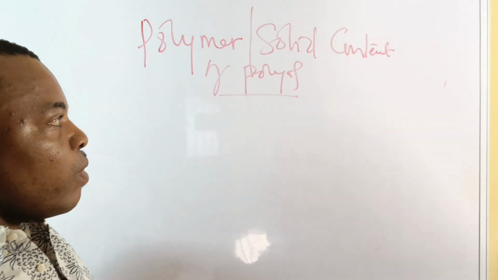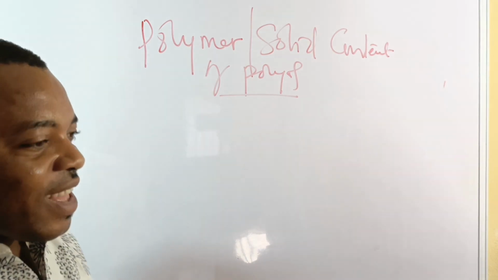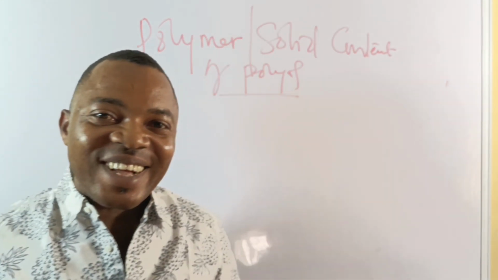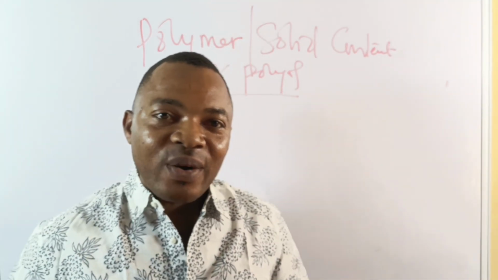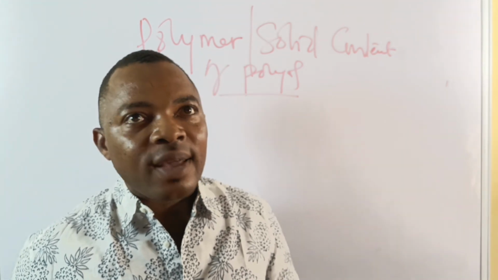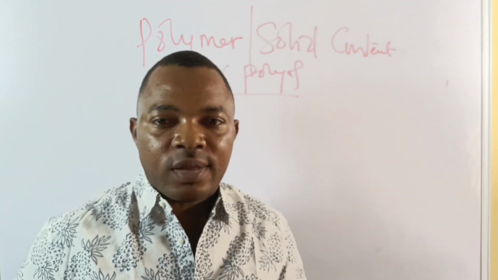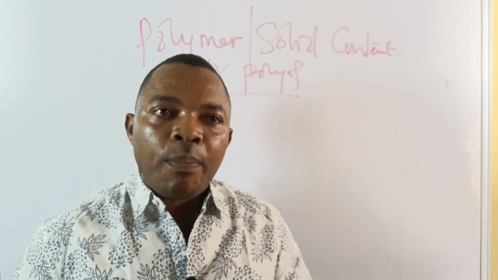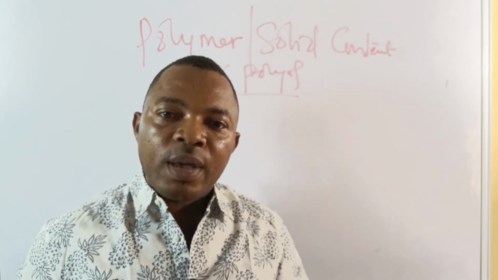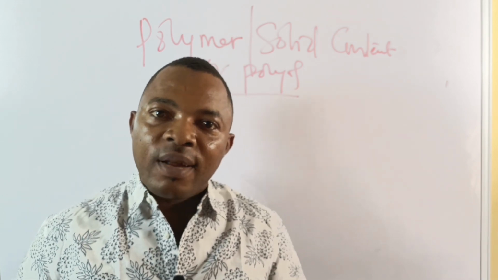A lot of people do say, what is the solid content of your polyol? And I ask myself, why do we use the word solid content? Because this is a polymerized product that is being dispersed into the polyol system.